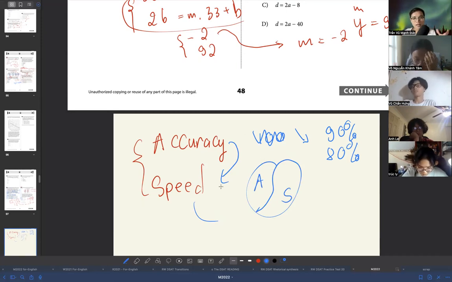You can increase the speed on a safe margin. First, ensure that you can do it on time. And when you're confident you can do it on time, you try to increase the speed a bit, and you're going to have to be willing to decrease the accuracy a bit further.